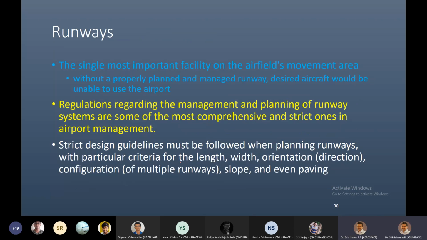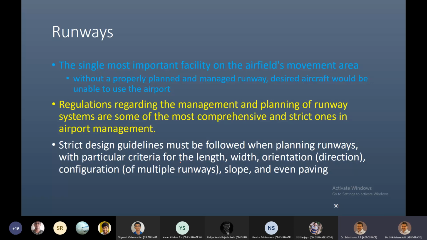We will just quickly look at the requirements for the runways also. Needless to say, it is the most important facility on the airfield's movement area, where the strength of the pavement, the length, the width, etc., are critically important for the safety of landing as well as takeoff operations.